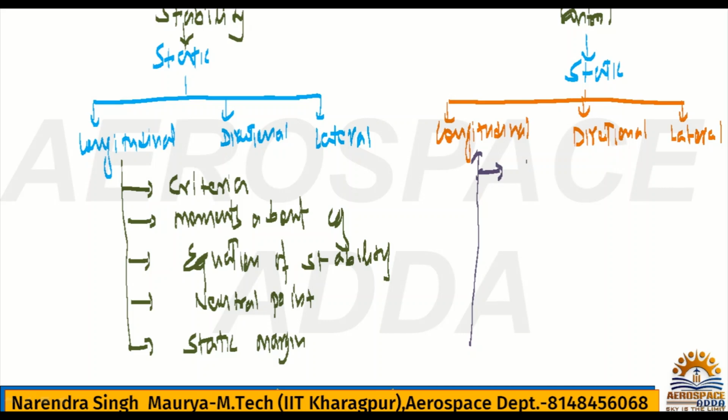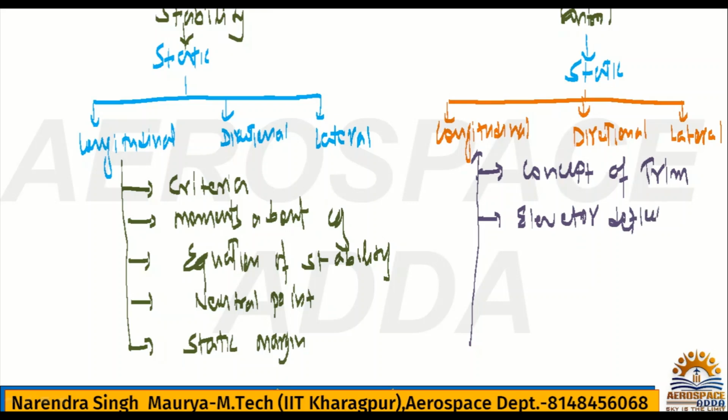Again in control also, this longitudinal will be defined with various points, called the concept of trim, elevator. What is elevator? I will tell you. Elevator deflection to trim.